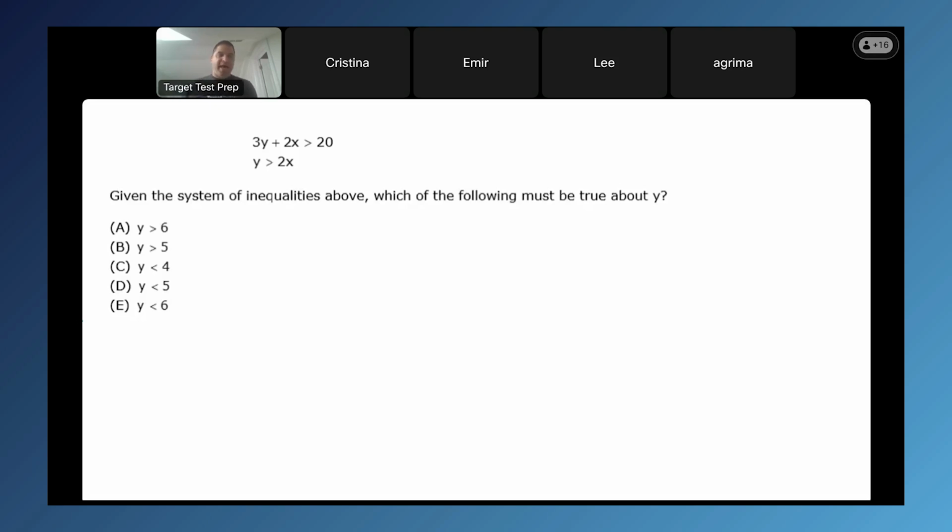So big question here, were you guys adding these inequalities together?